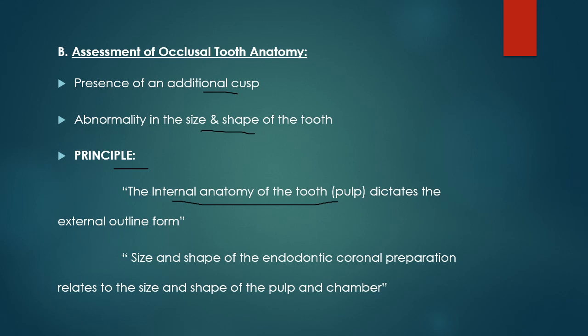As I said before, the pulp usually follows the contour of the tooth, and hence whatever pulp is present inside the tooth dictates the external outline form. The size and shape of the endodontic coronal preparation relates to the size and shape of the pulp and the chamber. Whatever coronal preparation we do at the start of the access cavity preparation, it tells about the size and shape of the pulp and the chamber.